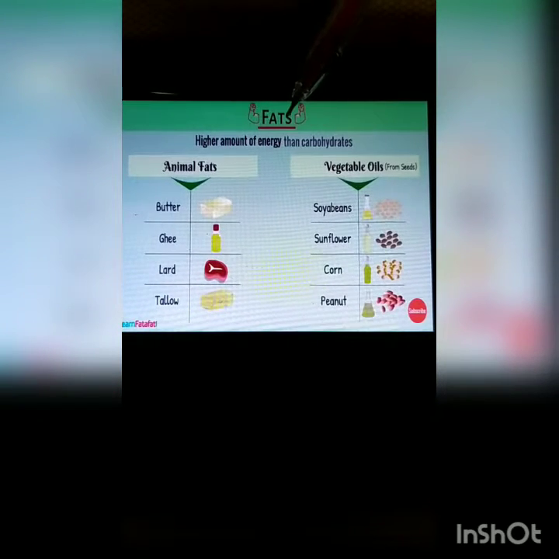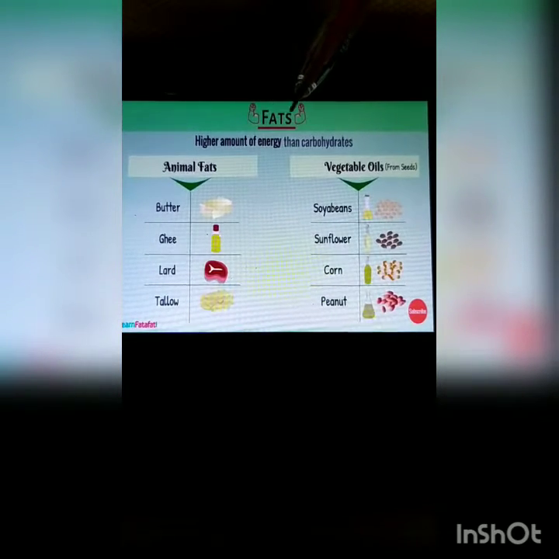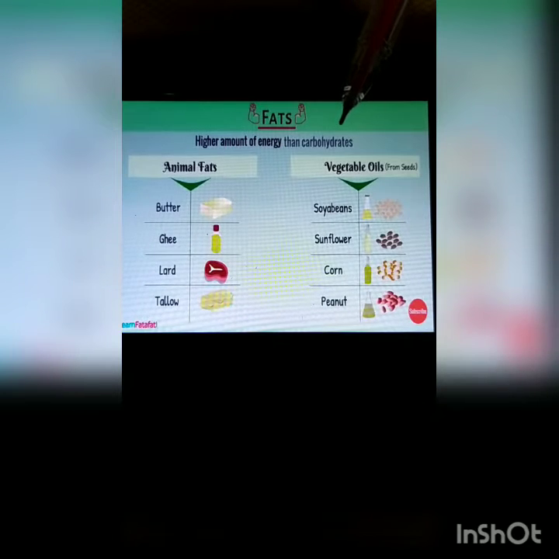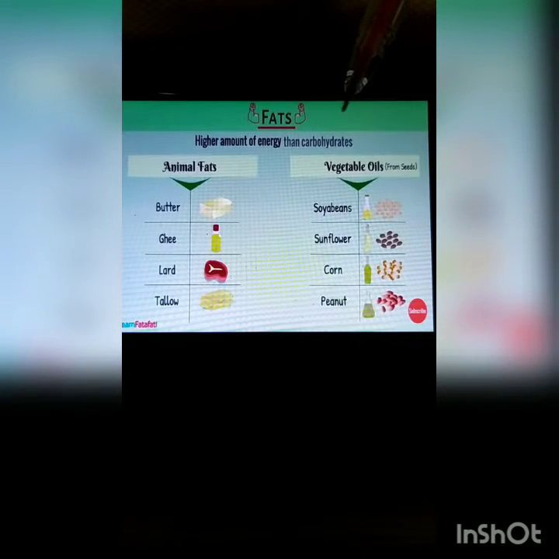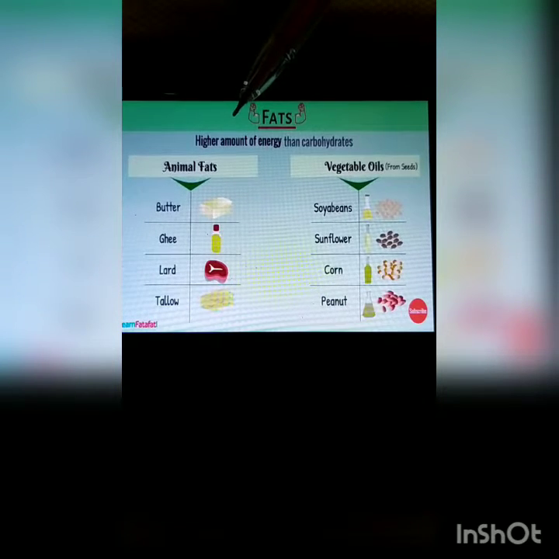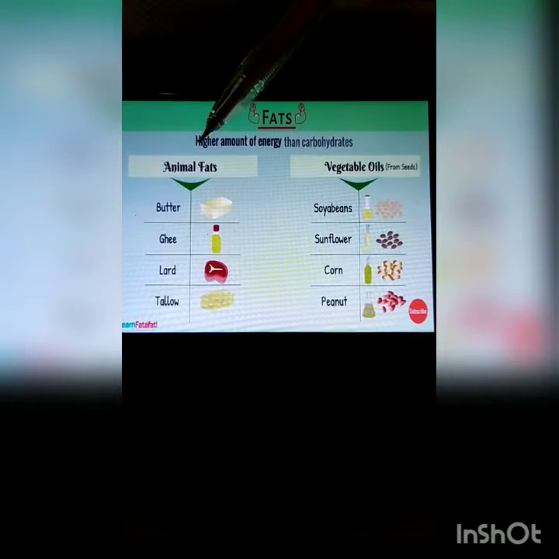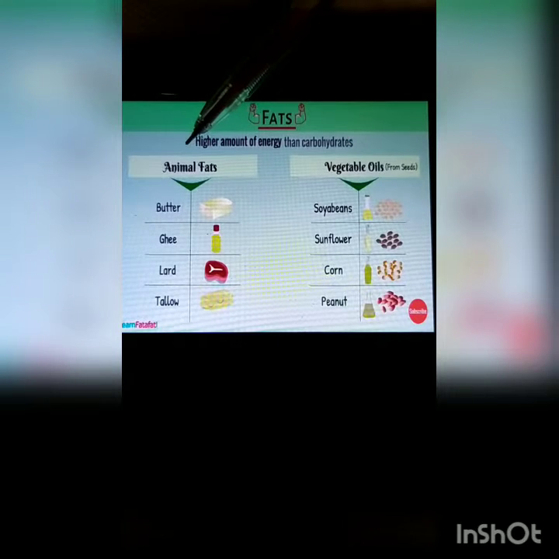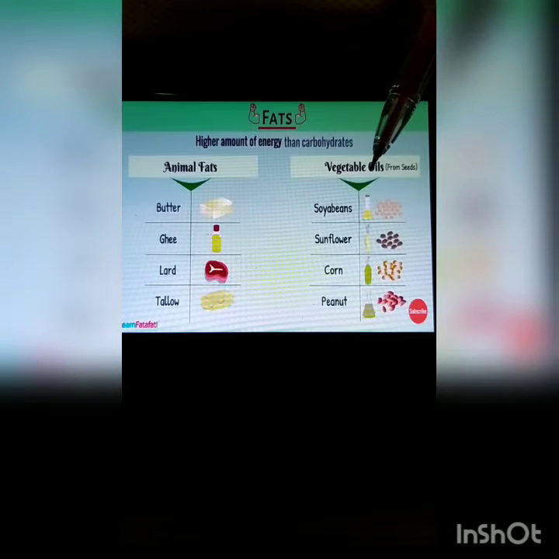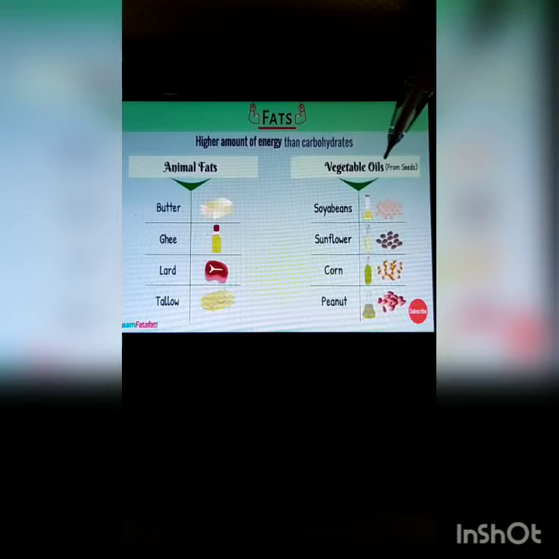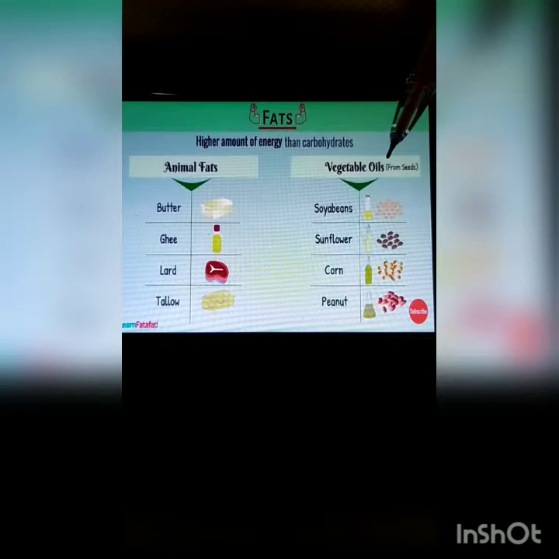Now the fats. Fats also give us much more energy as compared to the same amount of carbohydrates. We have two types of fats, that is animal fats and vegetable oils, which we get from seeds that are called oil seeds.